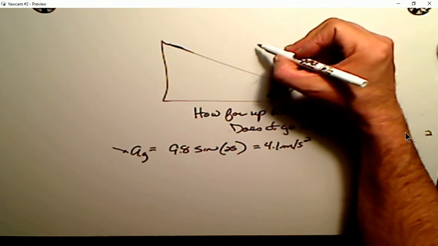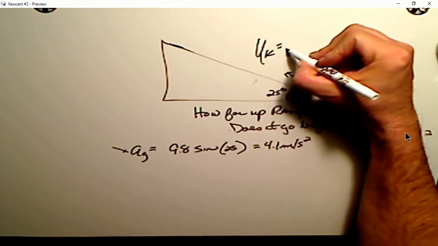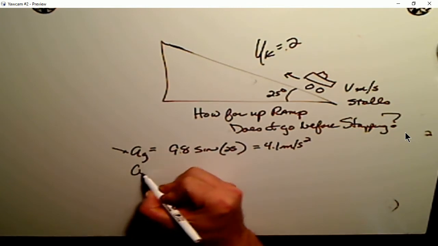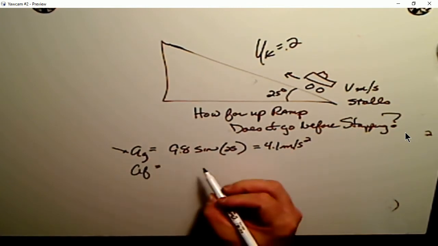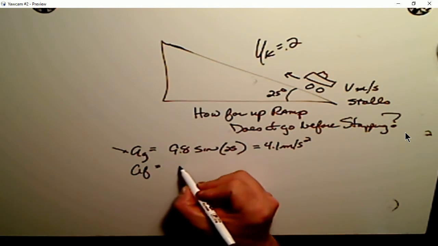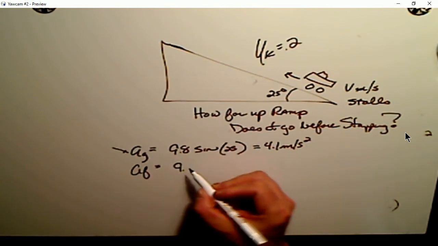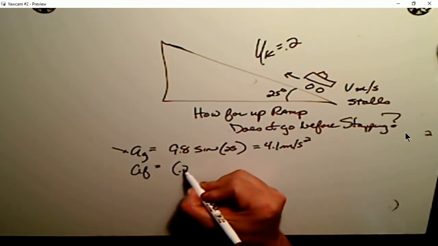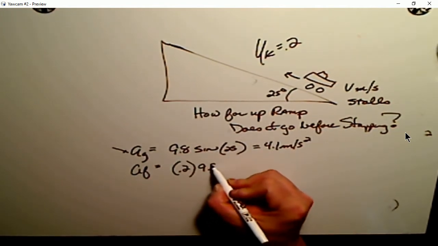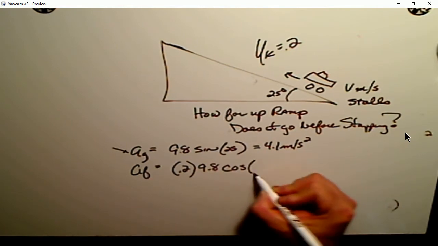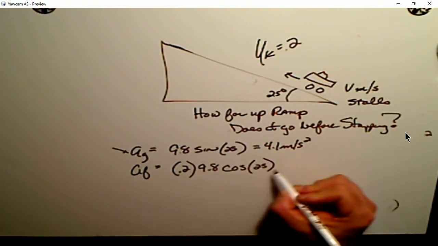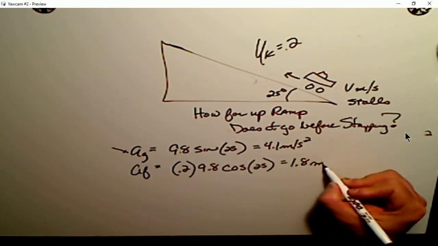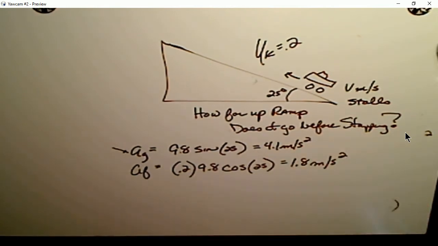If we say the coefficient of friction is the same as before, the acceleration due to friction is equal to, I'll write the coefficient first, 0.2 times 9.8 times cosine of 25. That leads us to, like we had before, 1.8 meters per second squared.